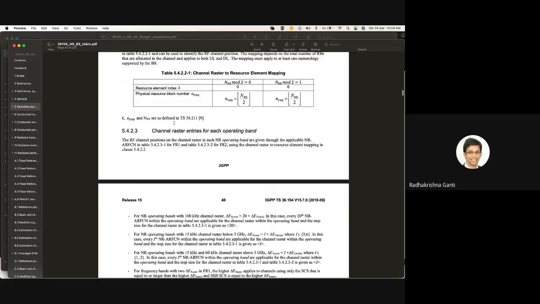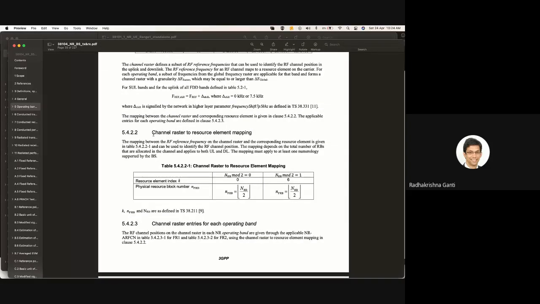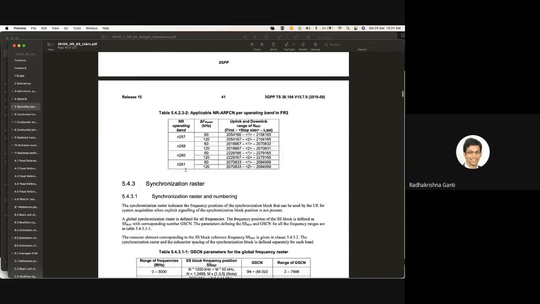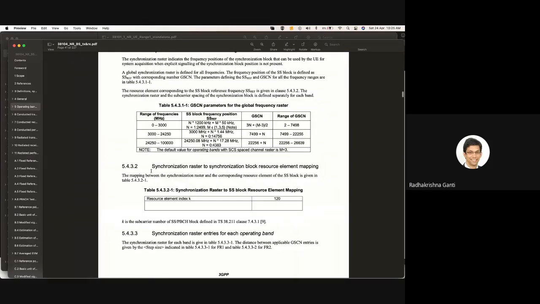Not only do they talk about the channel raster and synchronization raster, they tell you how the channel raster is mapped onto the resource block, which resource block it is mapped to. Similarly, which resource index the synchronization raster is mapped to in the SS block is also provided by the specification.